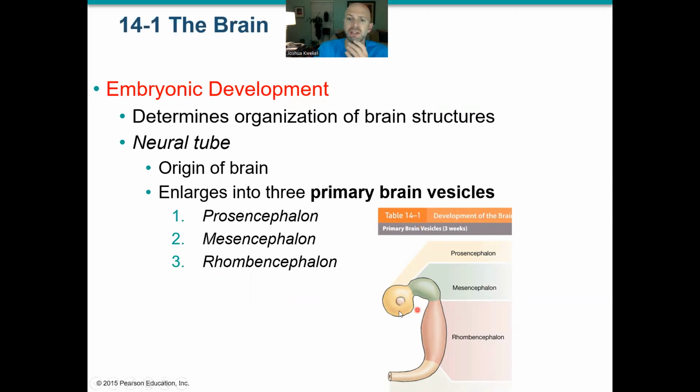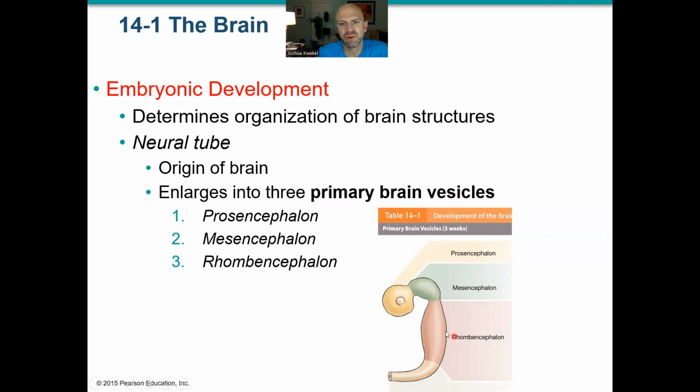So in embryological development, there's kind of three big bumps, okay? The prosencephalon, the mesencephalon, and the rhombencephalon. They all have the same ending, cephalon, which means the head. So the pros is the tip of it, which looks kind of like the head. The mes always means middle, and rhomb, in this case, it's not like a shape, it means the tail, or the end.